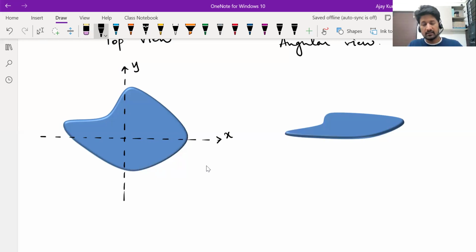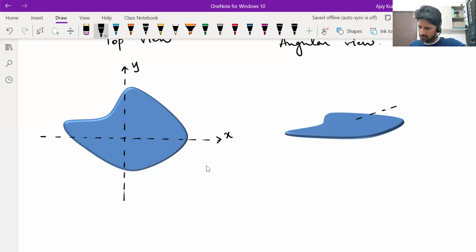So basically, this is a planar system or a flat object lying in the xy plane. Okay, and if you imagine it from an angle, where did we take the x-axis? Somewhat like this.